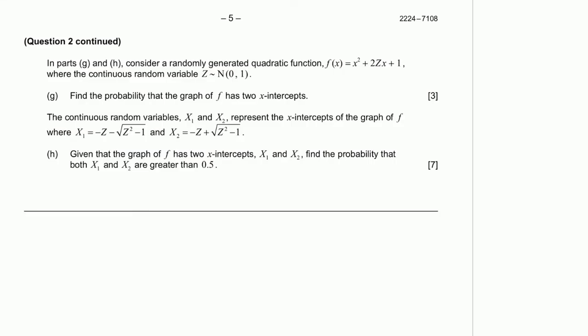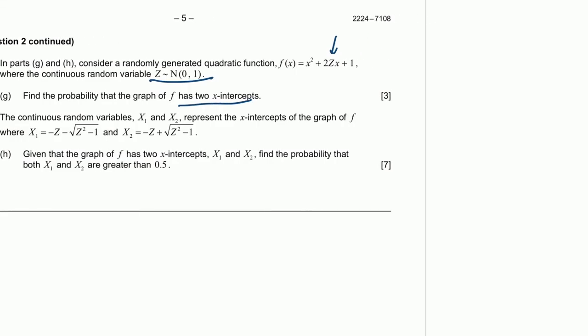Okay, so at the end, they figured they ran out of stuff to ask about the throwing dice. So they changed the idea a little bit. Now, instead of a dice, we're generating the coefficient by using a normal distribution, but only for one of the coefficients. What is the probability that it has 2 x-intercepts?